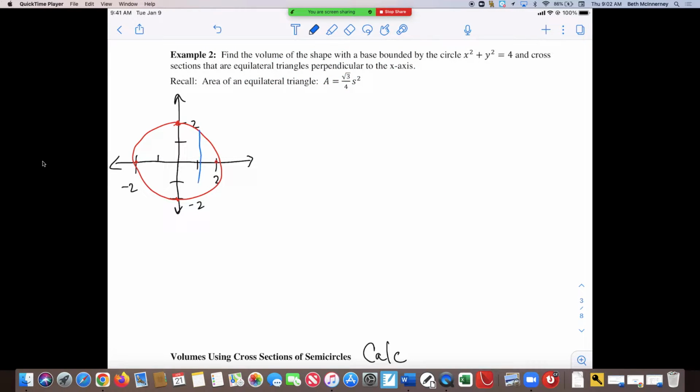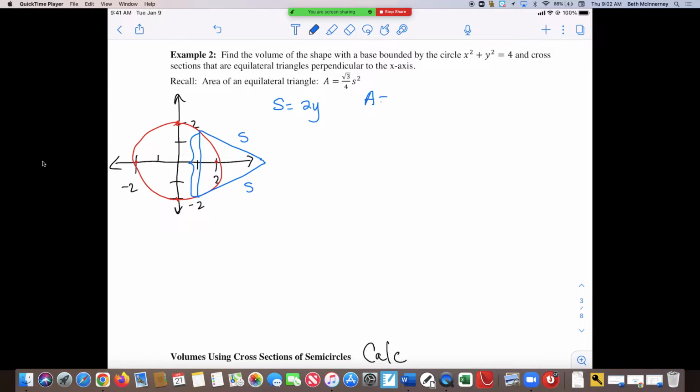And I'm going to draw an equilateral triangle. So these are S. But what is the length of S? 2y. Good job. Okay, so S is going to be 2y.